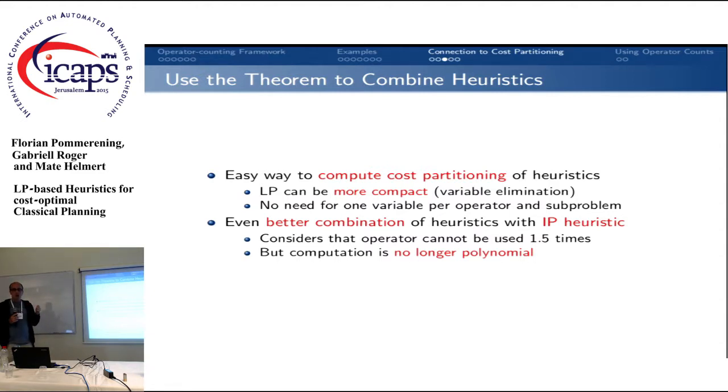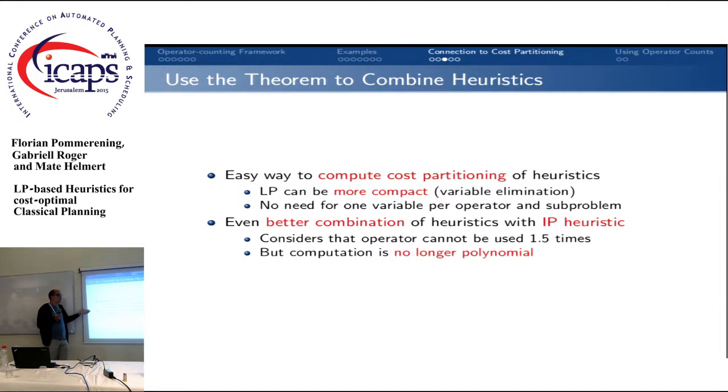So the second kind of result that we get out of the theorem is that there is a heuristic that actually has a better or potentially better value than general optimal cost partitioning. So again, we have something better than optimal cost partitioning, which sounds a bit weird, but if we have the integer programming heuristic, this is something that dominates the linear programming heuristic.